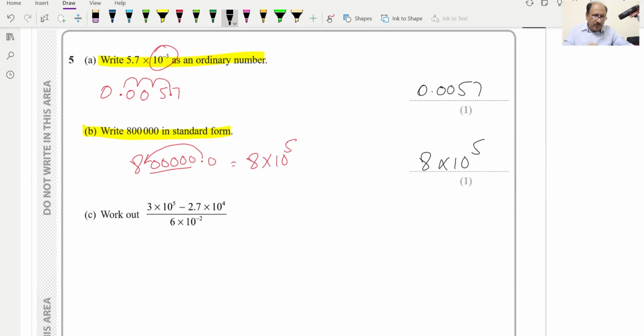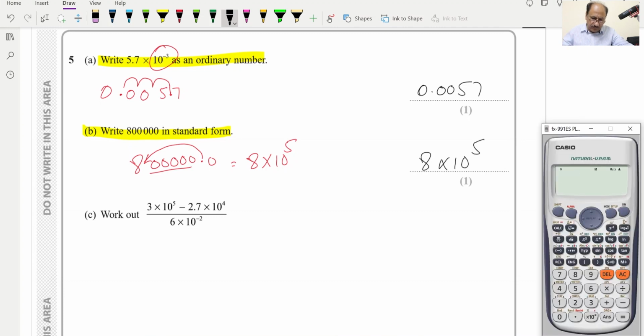Now work out this. We can basically solve with the calculator and just write the number, but we will be solving another way.